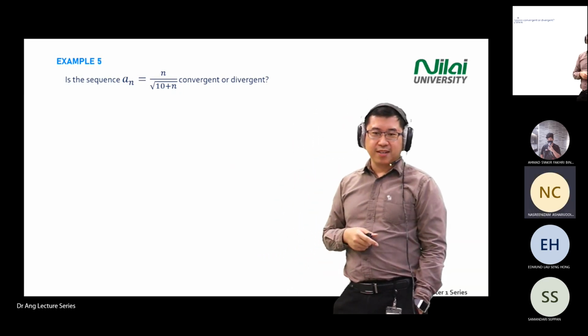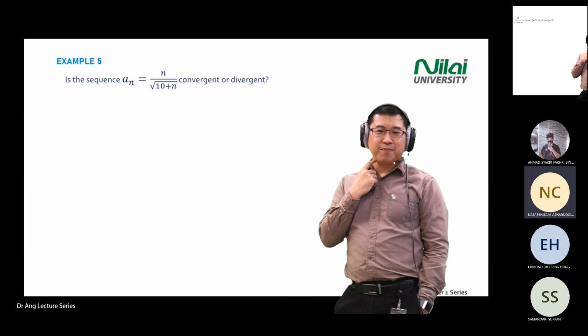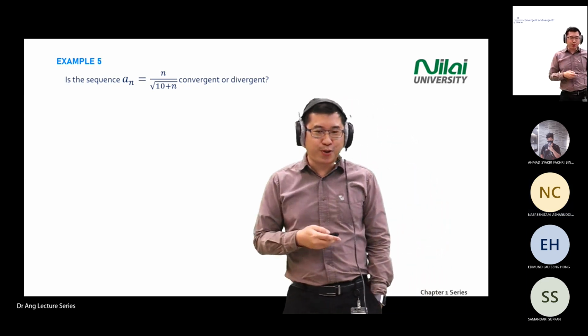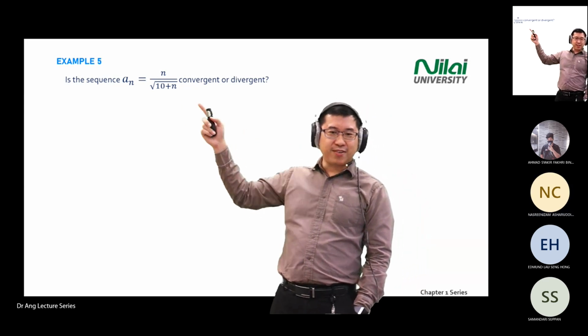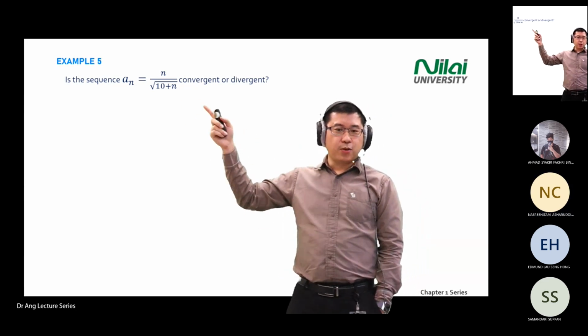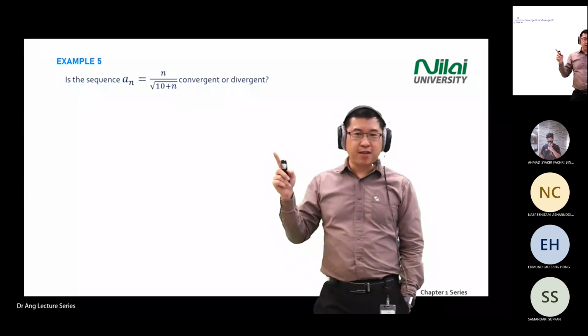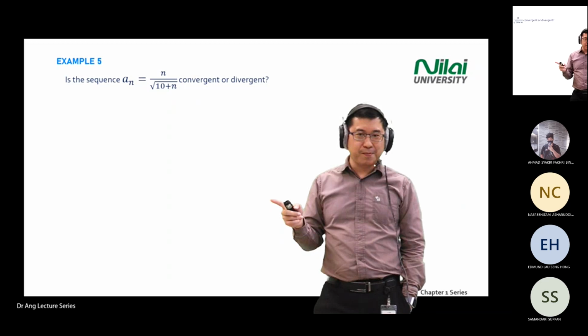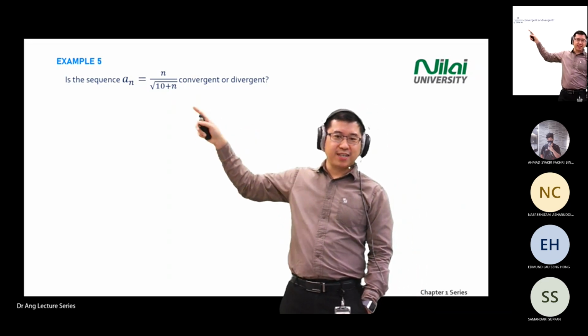So it will be n over 2, is it? No. So you need to recall your mathematics skill in rewriting this one. Square root is n power 1 over 2, right?